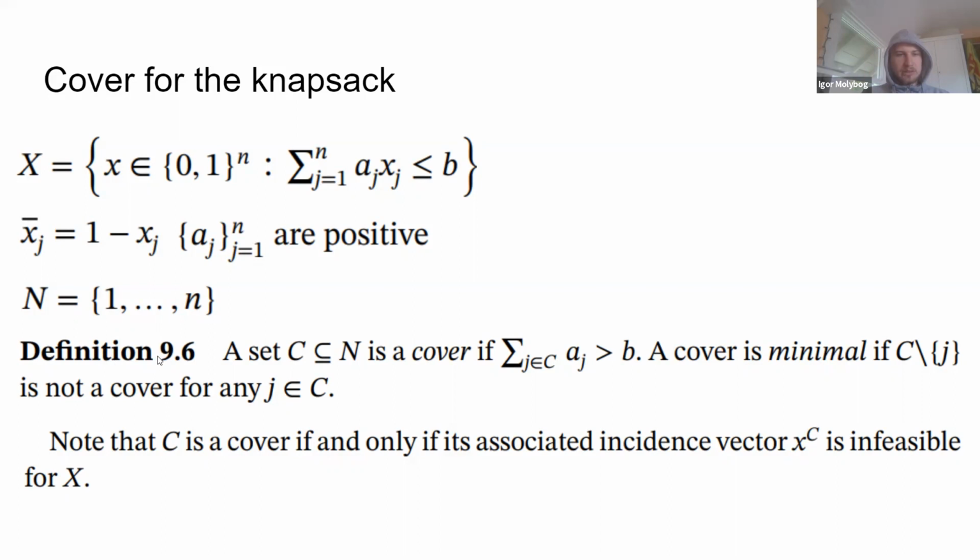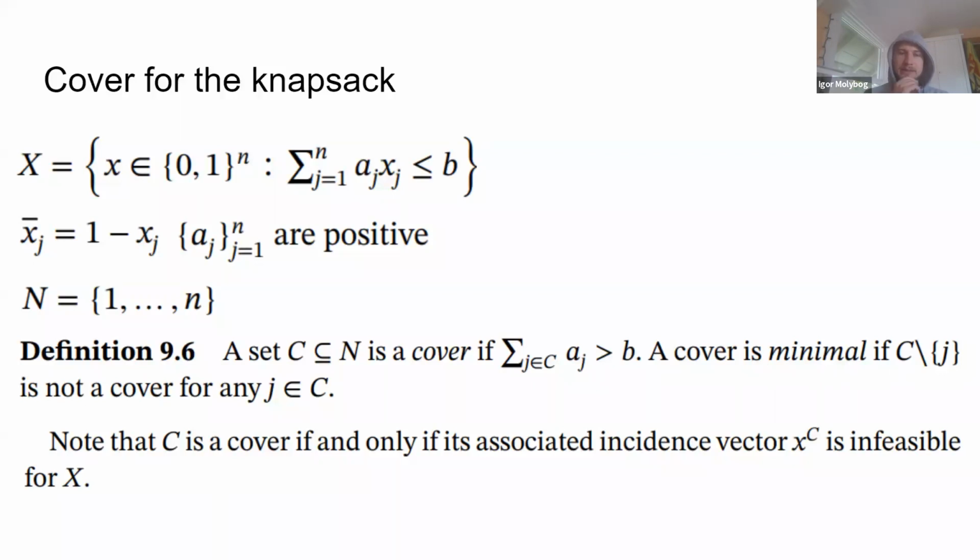So the definition is: a set C, which is a subset of the set of variables, is a cover if the summation over all of the variables in the set C of a_j is greater than b. We say that a cover is minimal if, when we drop any member from that set, the set stops being a cover.